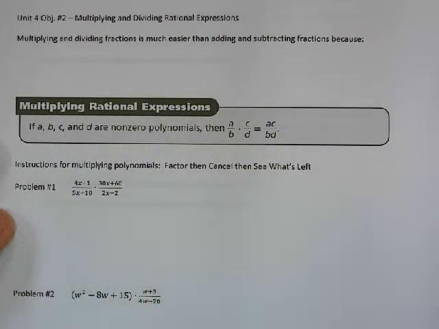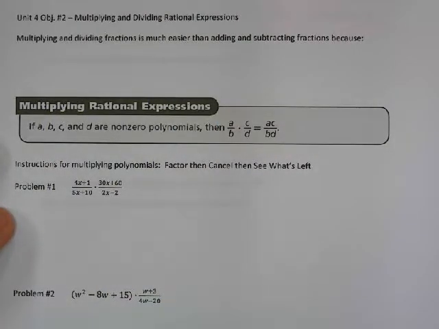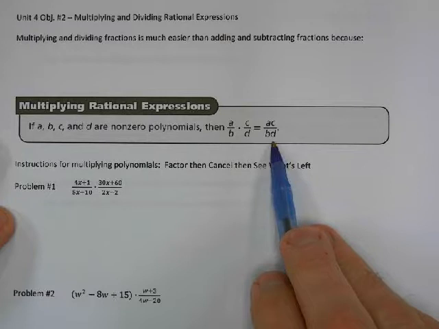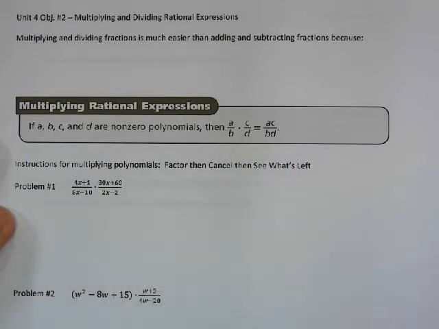Before we get started, like it says here, multiplying and dividing fractions is much easier than adding and subtracting fractions because, when we're multiplying fractions, if I have a over b times c over d, I end up with a times c over b times d. In other words, we just multiply straight across. That's easy. Nothing needs to match. But if we're adding or subtracting fractions, what do we have to have? Well, we have to have a common denominator.